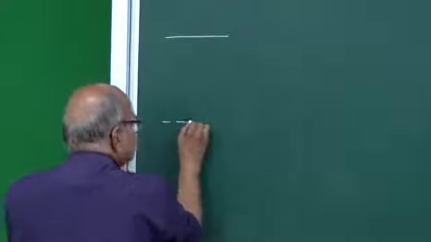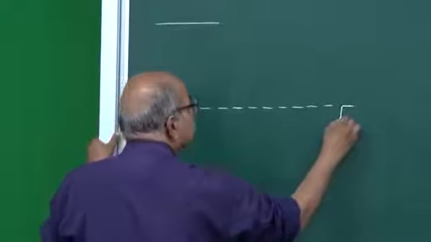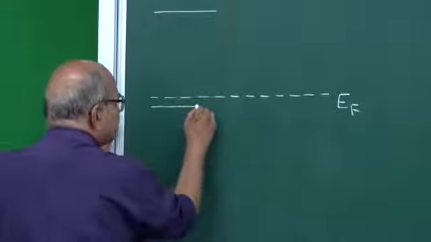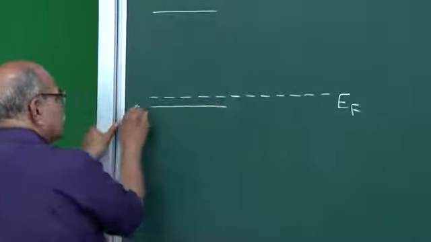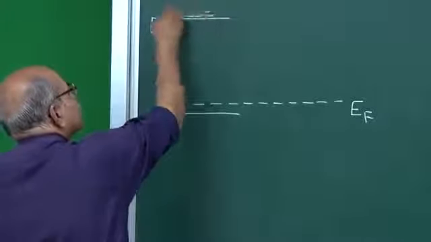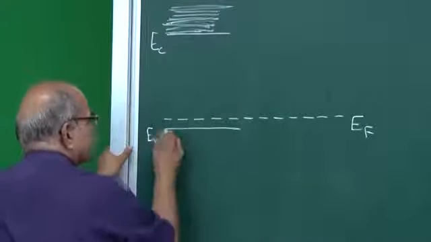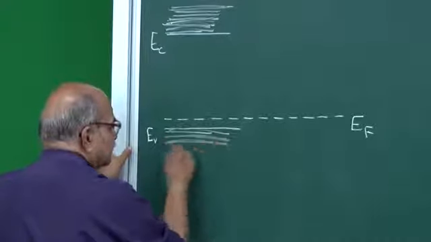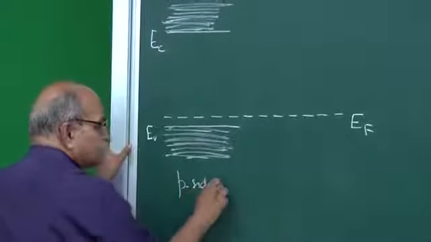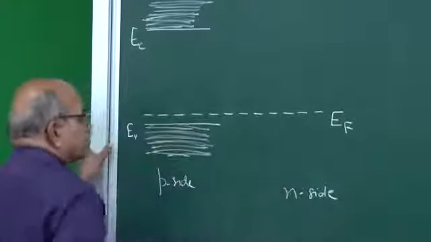Suppose you have this Fermi function. We introduced the concept of Fermi energy EF, and for the p side this Fermi energy is close to the valence band edge. The conduction band edge is here. So, these quantum states correspond to all those conduction band energies, and these quantum states are in the valence band. So, this is our p side, whereas for the n side, it is close to the conduction band.